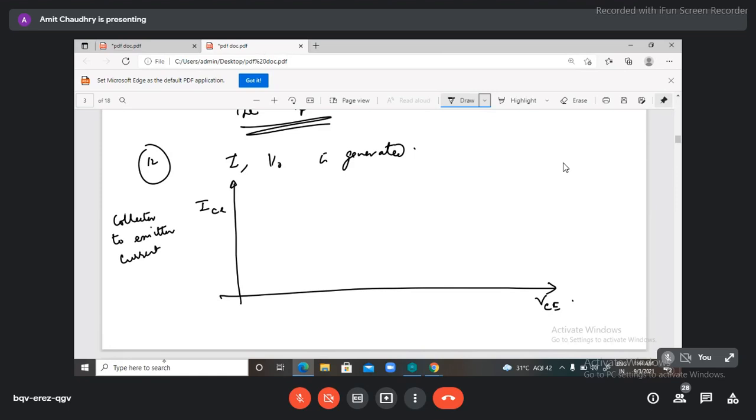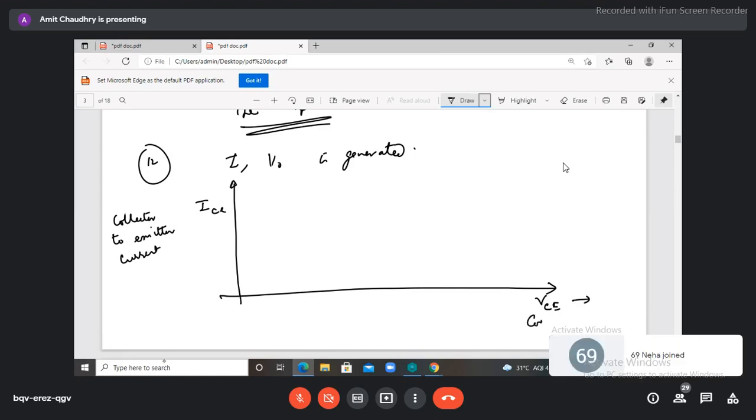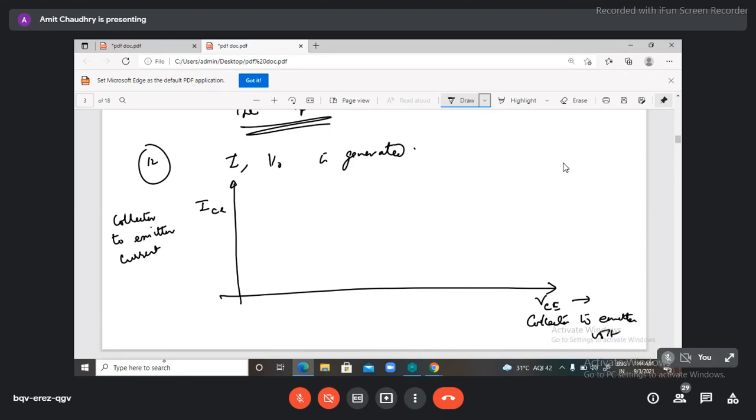And VCE is collector to emitter voltage. Now how does it look? Now it behaves in this fashion. First it increases, then it becomes constant.